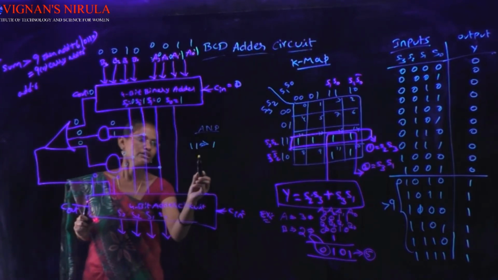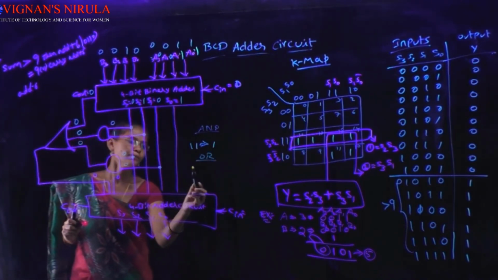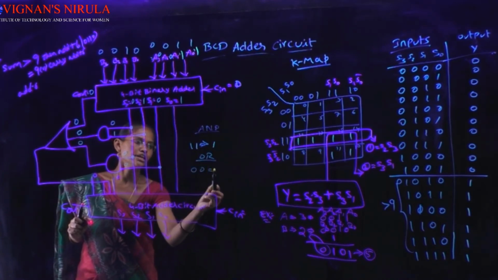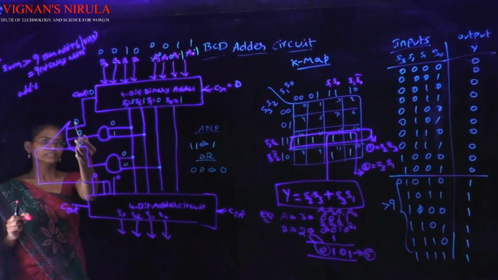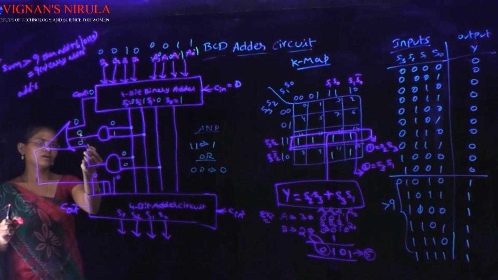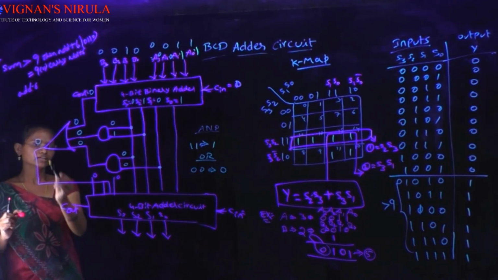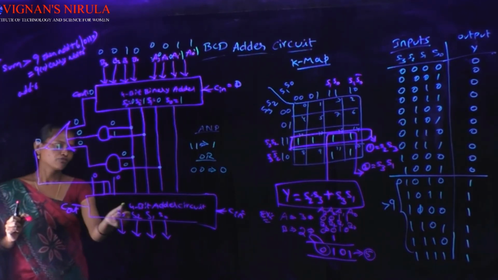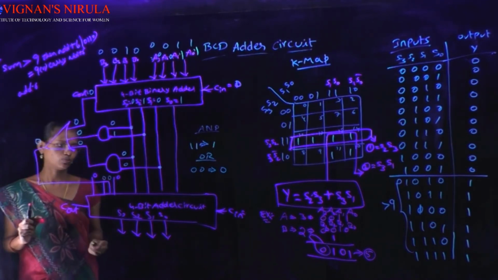In an OR gate, if the inputs are zeros, then the output is 0. Here three inputs are there, and all are zeros, so the output is 0. This is connected with the 4-bit adder, with the other input 0 0.